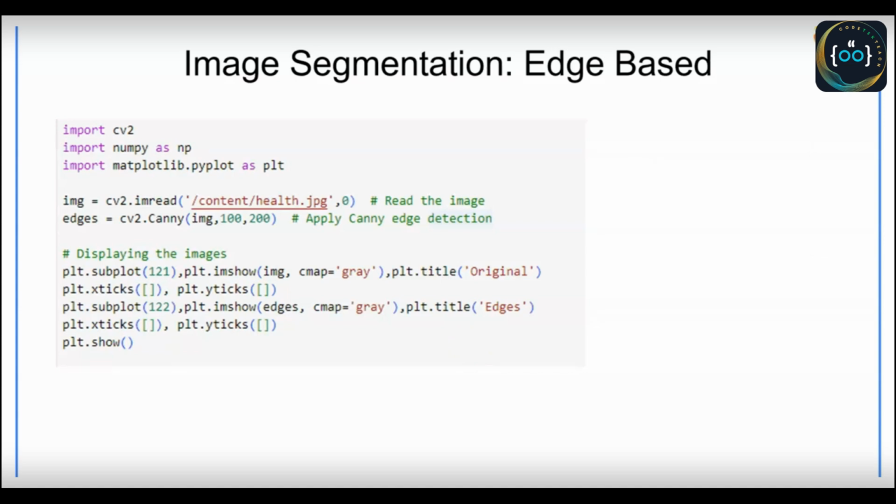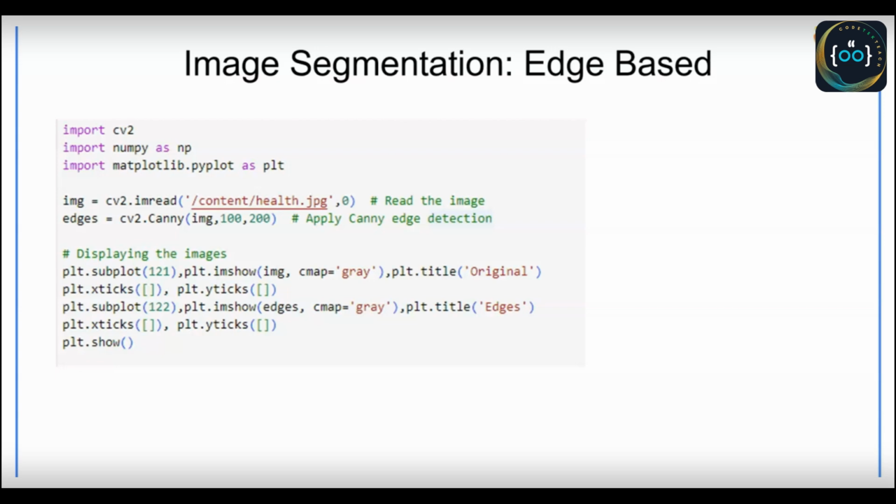We first import the necessary modules. CV2 is the OpenCV library, NumPy is the library for handling operations, and matplotlib is for plotting. The imread function is used to read the image. The second argument 0 specifies that the image is loaded in grayscale.